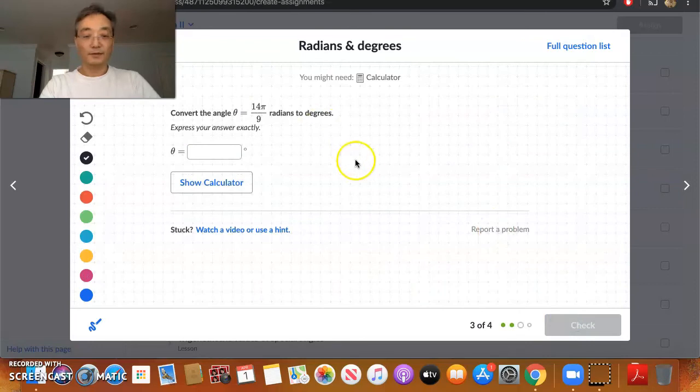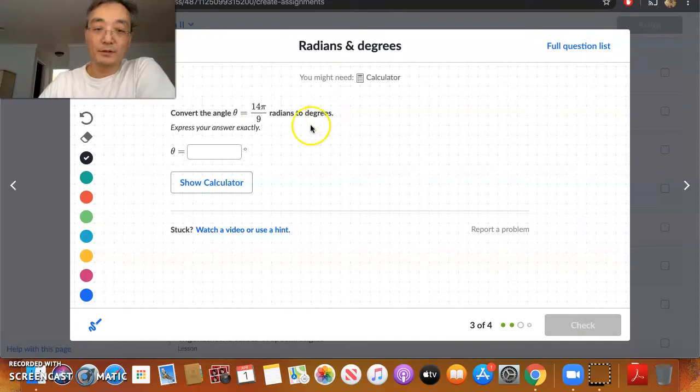Okay, let's do this one. Again, this is going from radians to degrees, so just like before, we're going to multiply by a conversion factor with degrees on top. So we want the 180 on the top and the pi on the bottom. So we're going to do 14 pi divided by 9.